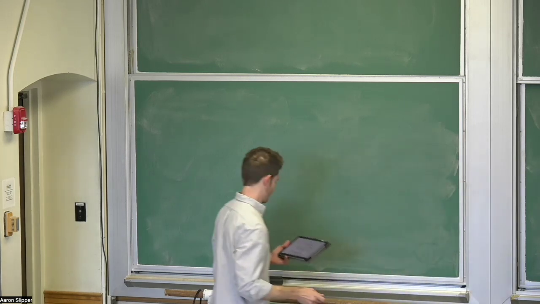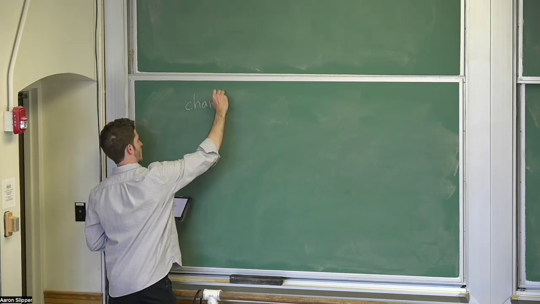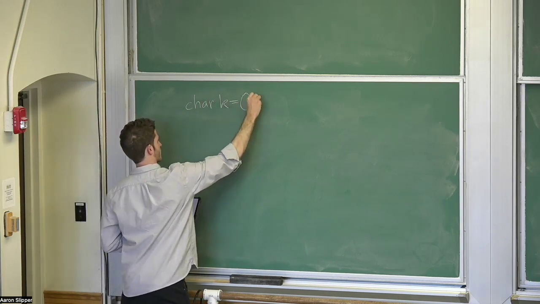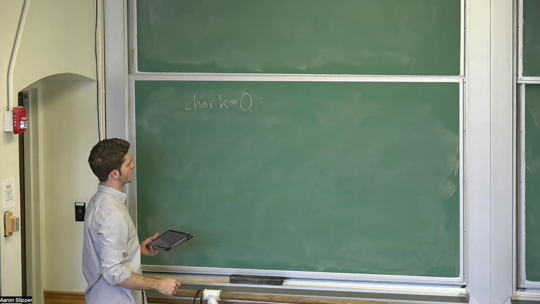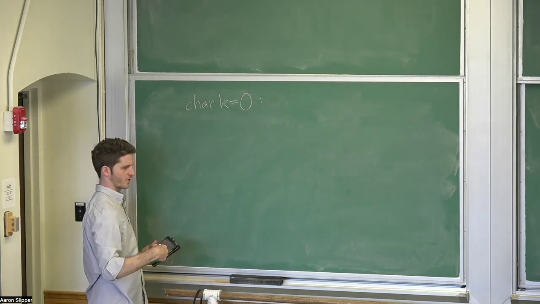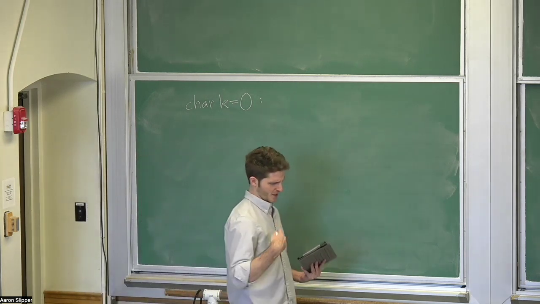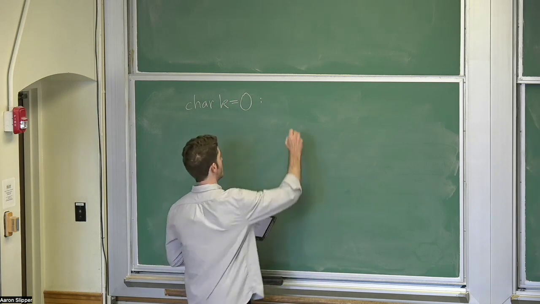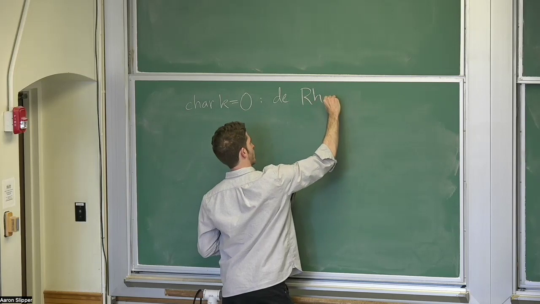I think it makes sense to start with the characteristic 0 de Rham case, because that's mostly what we've talked about in this seminar, with the Beilinson-Drinfeld construction of eigensheaves, which very much happens in the de Rham situation. So let's start off with that.